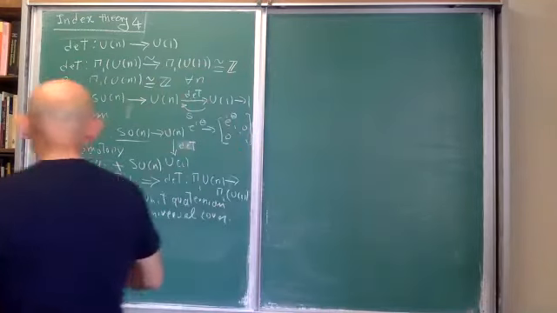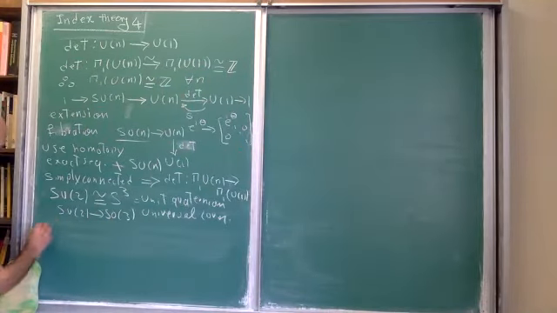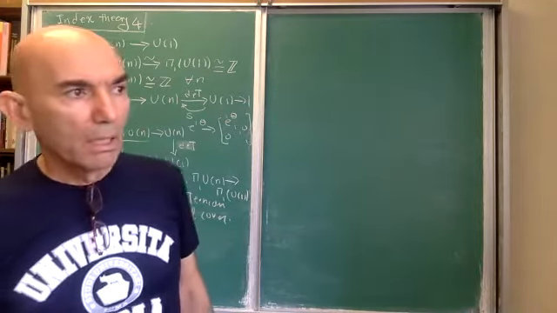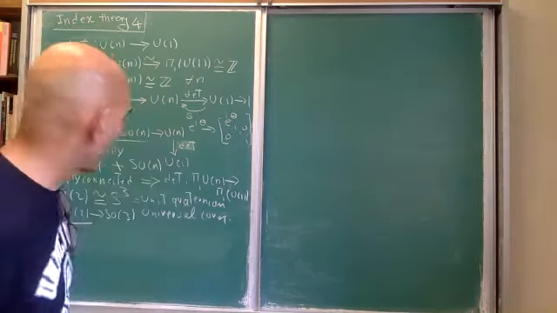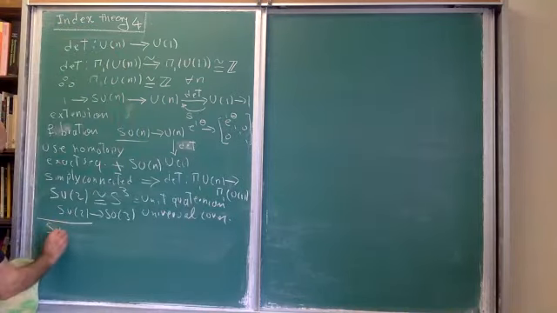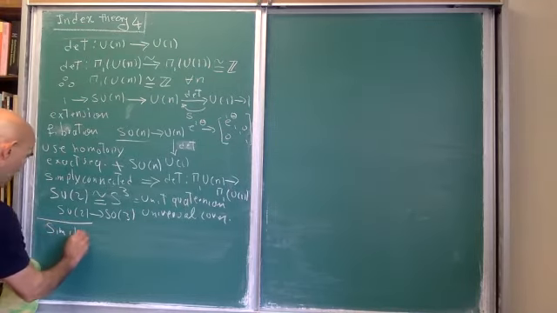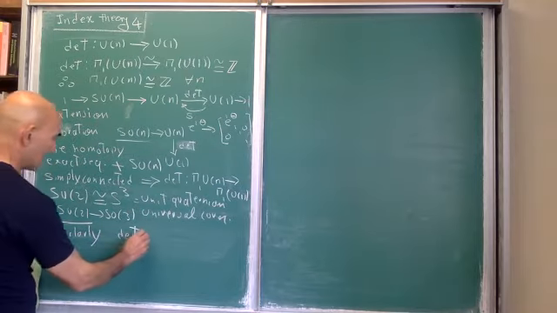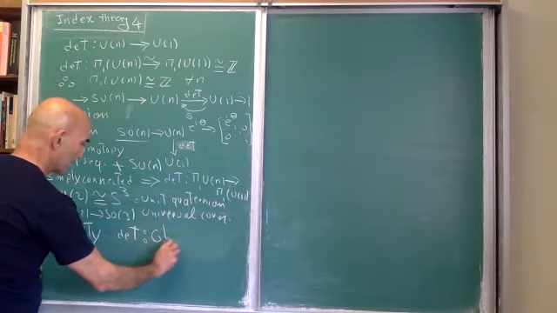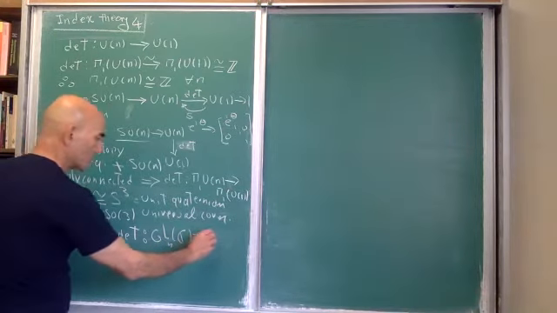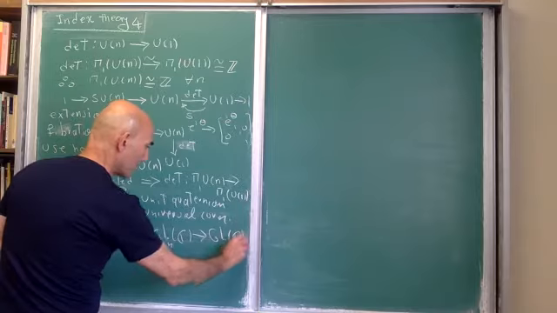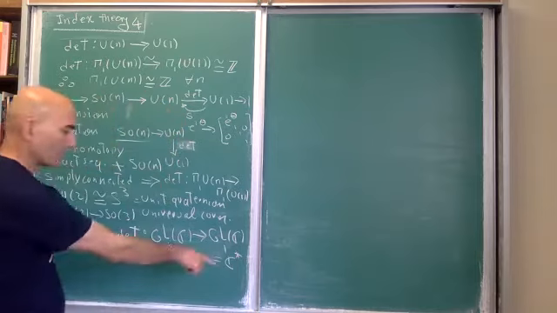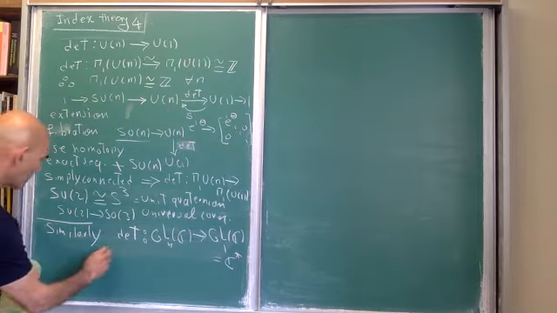Okay, so that's good. Of course, a similar proof shows that GLnC is not simply connected, sorry. What I mean is you can show, using more or less the same idea, that the determinant from GLnC to GL1C, which we know is C star, the non-zero complex numbers, induces an isomorphism.